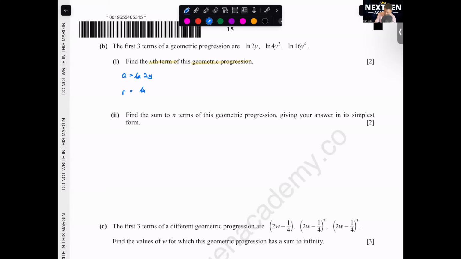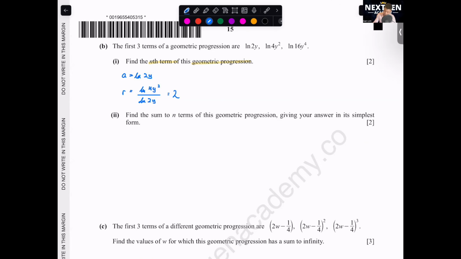For r, you take the next term divided by the previous term. ln 4y squared divided by ln 2y. Can we divide this or not? If not sure, you can just type it in the calculator also, just to double check and see if you can get the answer. You will get 2. ln 4y squared divided by ln 2y equals 2.